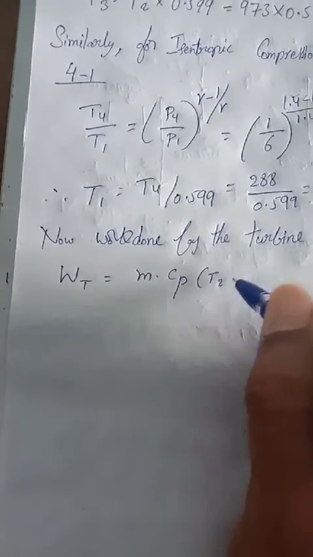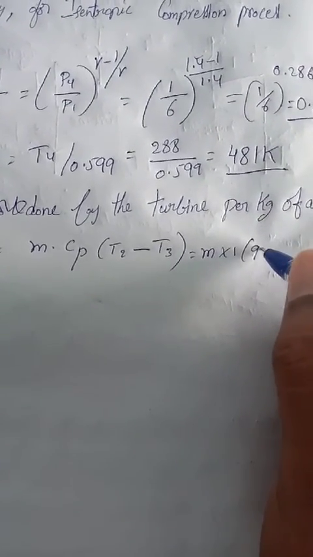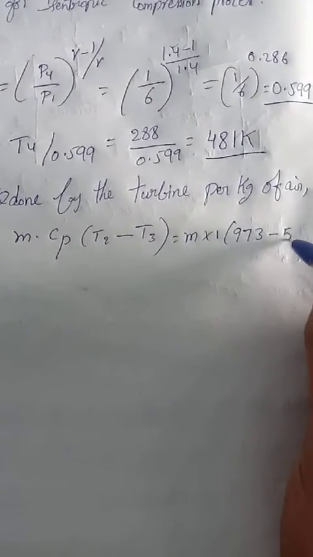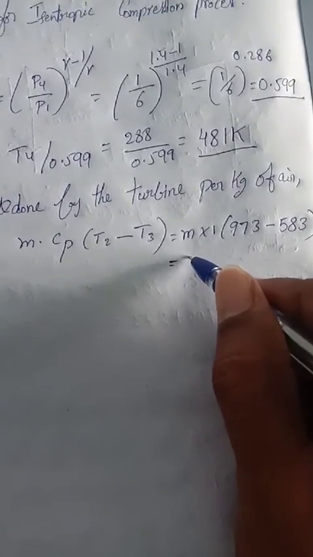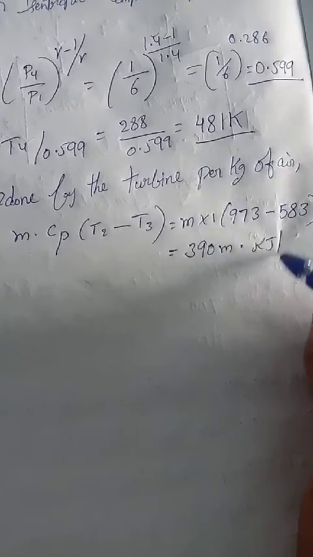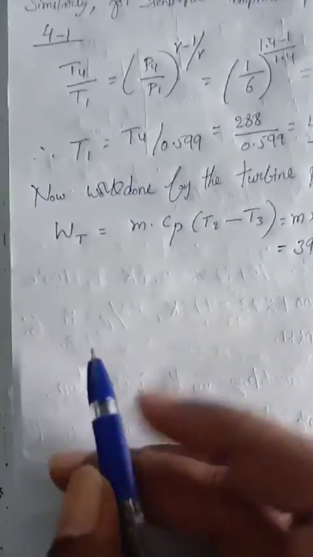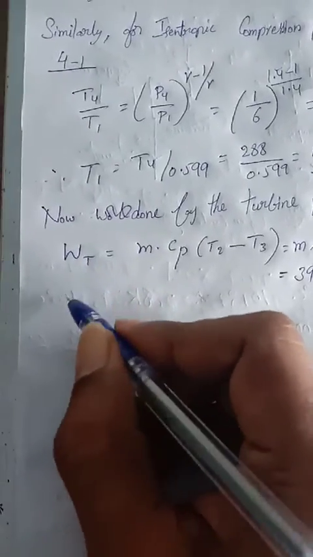We take Wt is equal to m into Cp into T2 minus T3, then m into 1 into 973 minus 583, so that is equal to 390 m kilojoules per second.